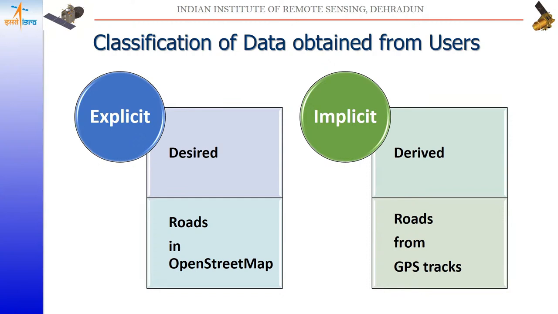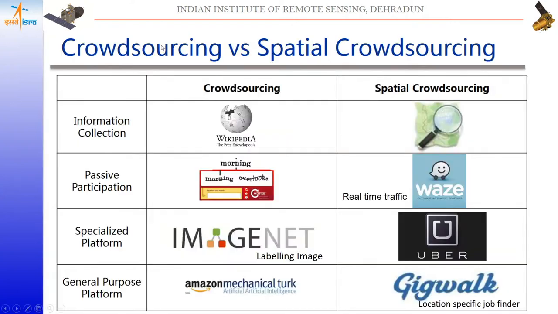Now, if we talk about the comparison between crowdsourcing and spatial crowdsourcing, Wikipedia is a very important crowdsourcing web platform where a huge wealth of information is available, and similarly OpenStreetMap is for spatial crowdsourcing. Similarly, for passive participation, we get real-time traffic through one platform, and there is a specialized platform for labeling images.